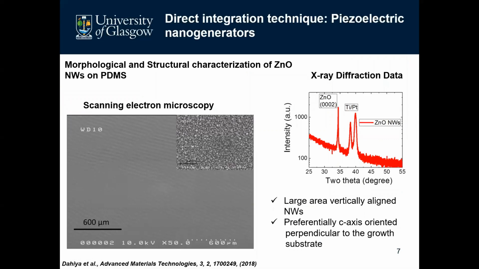The present slide shows the morphological and structural characterization of the active piezoelectric zinc oxide nanowires. As can be seen from this SEM image, the nanowire film is very uniform, and the XRD here shows a highly C-axis oriented film, which is needed for high performance of such devices.